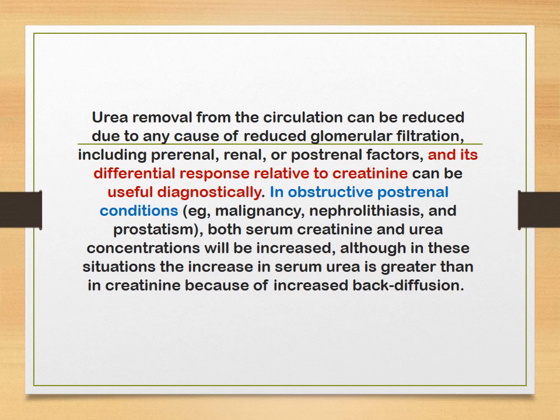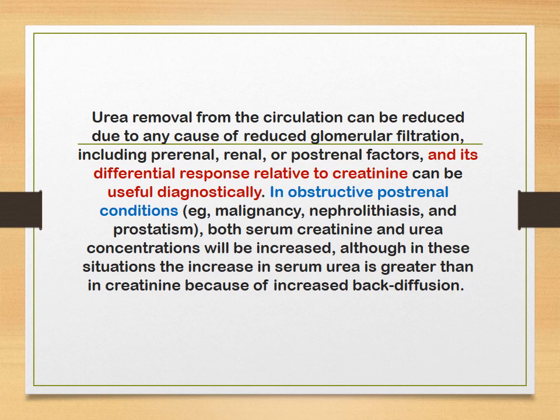According to our practice, we found that in post-renal obstruction, in the conditions I mentioned before, the urea to creatinine ratio will be decreased due to a much greater increase of creatinine than urea. And I interpreted that as all the amount of filtered creatinine will be excreted, while 40 to 70% of urea will be reabsorbed.